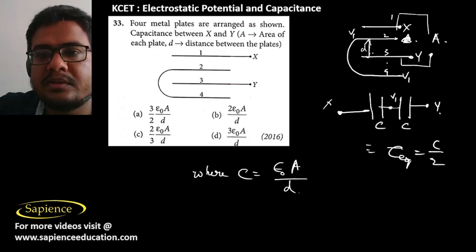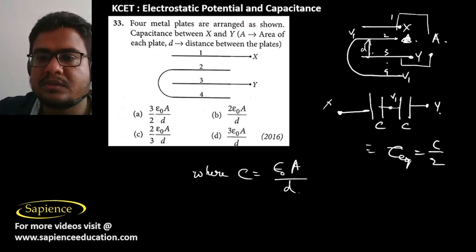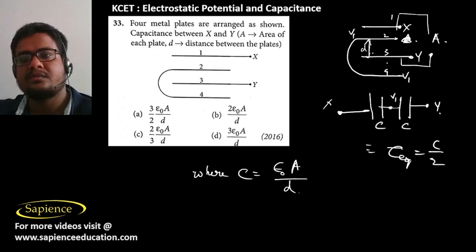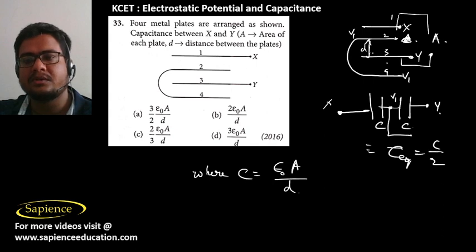Here actually 3 capacitors are there, across V1 and Y, and another one across V1. Their equivalent is C plus C, which is 2C.